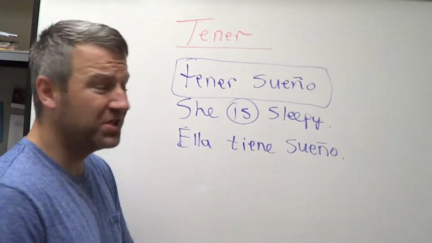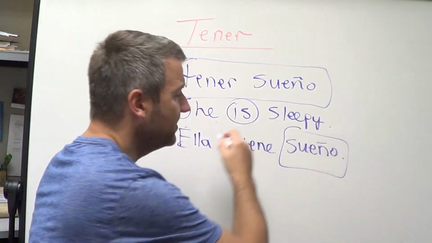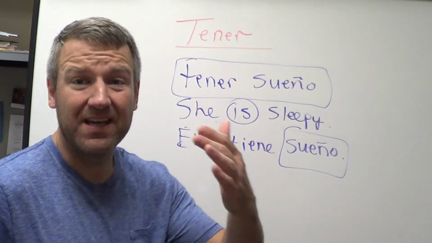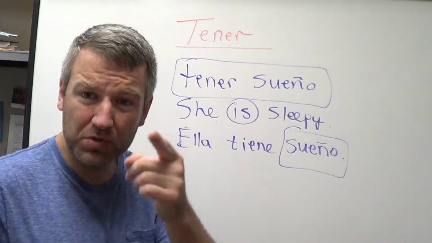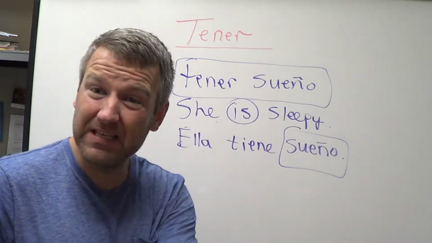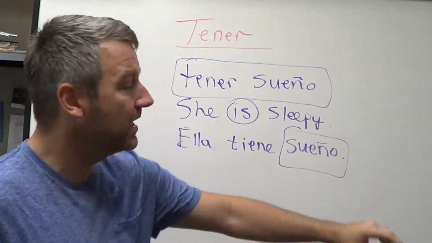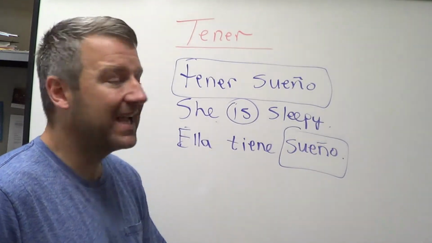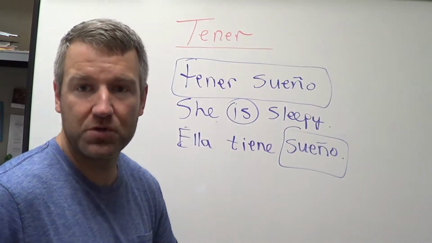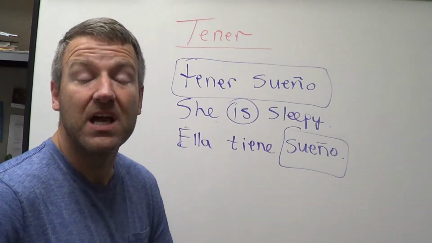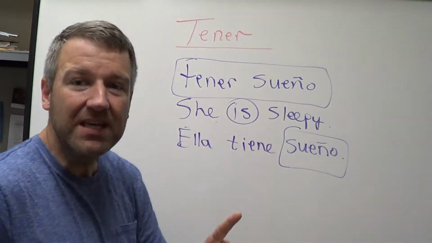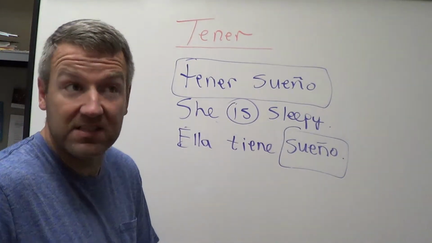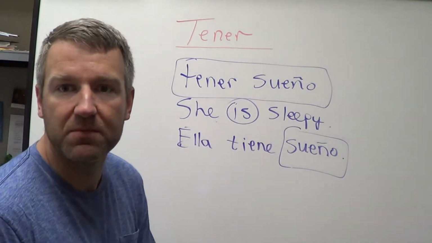With these expressions, you don't change the ending whatsoever. That just stays the same. So if I say that I am sleepy, you are sleepy, she is sleepy, he is sleepy, a million people are sleepy, the word sueño always would stay the same. Just like whatever other expression words that we have with tener, they're going to stay the same too. The only thing that's going to change is tener, based on who it is you're saying is sleepy or whatever other expression it might be.